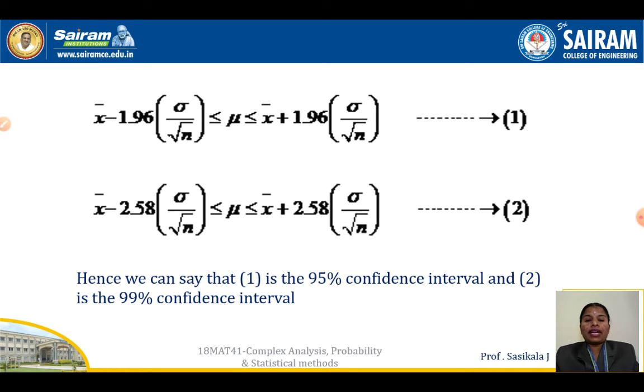So we can say that equation number 1 is a 95% confidence interval, and equation number 2 is a 99% confidence interval.